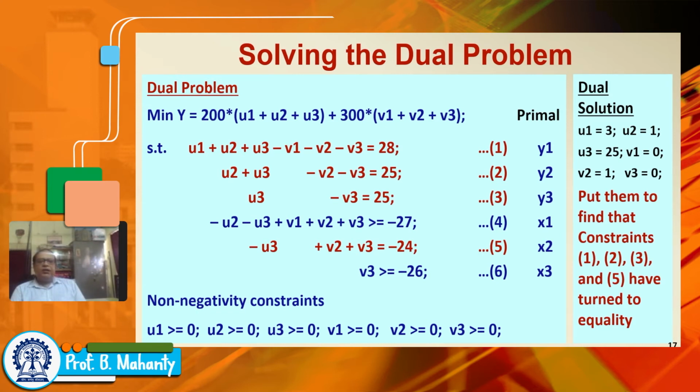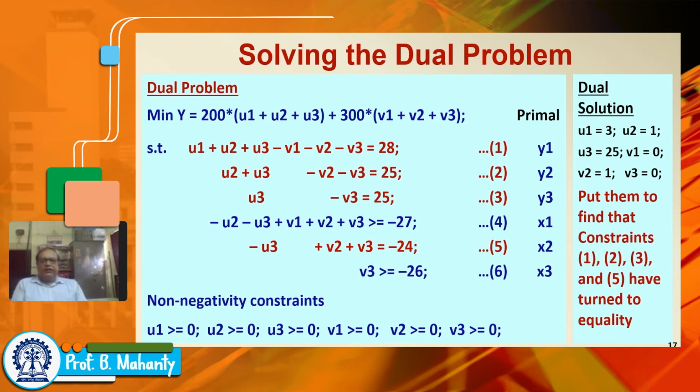So you see this has become equality. Also U2 plus U3 minus V2 minus V3 is 1 plus 25 minus 1 minus 0, which is 25. U3 minus V3, 25 minus 0 is 25. Minus U3 plus V2 plus V3 also becomes minus 24. So you see, out of 6 constraints, 4 constraints have turned to equality, and 2 constraints have not turned to equality.